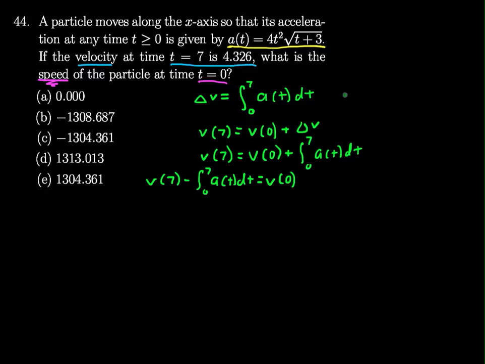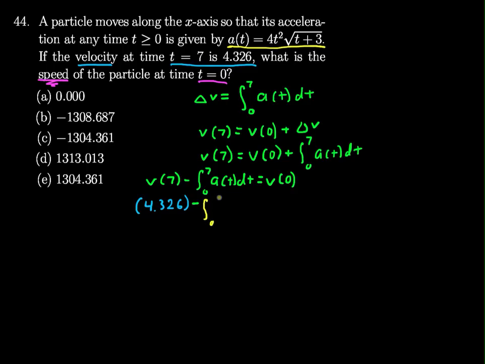And now let's bring in the information that we have. So first thing, the velocity at time 7, the v of 7, will be equal to 4.326. Minus. We have the acceleration function right here, so I'll use that instead of a of t now.